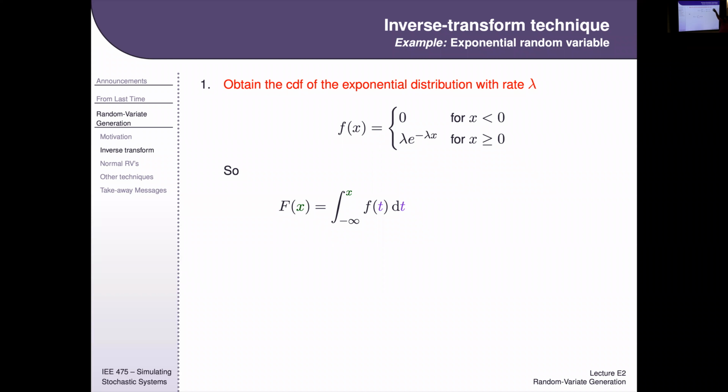Here's an exponential PDF, a probability density function. I need to find the CDF. In general, I integrate this PDF from negative infinity to x. This is technically piecewise, because it's 0 up to 0, and then it finally gets some density after 0. So I'm going to break it into 2 pieces.